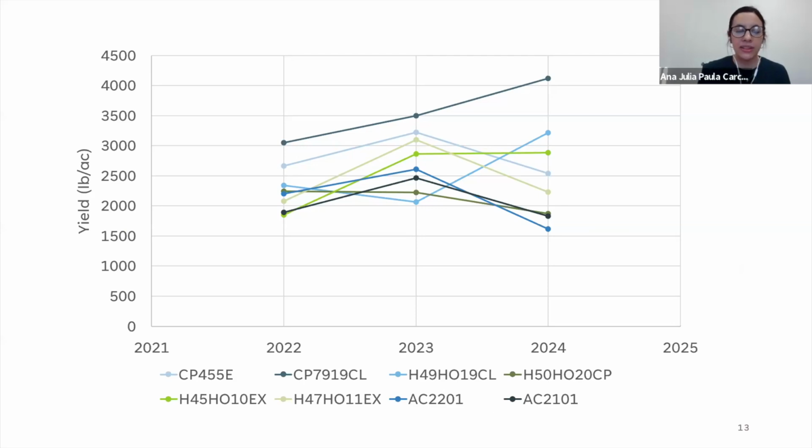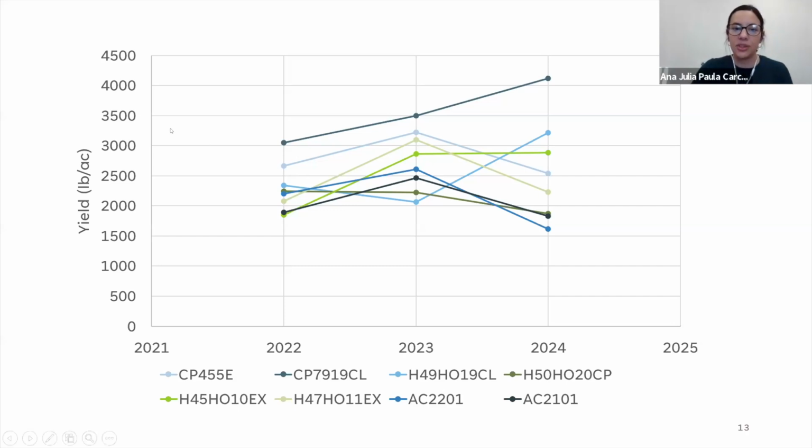And again, you can see here that you have some hybrids that are constantly above. This is Minot. And there are some hybrids that are constantly below. So giving you this information is really important, in the sense of, okay, regardless of the weather of the year, for Minot, this hybrid behaves better than the other ones.